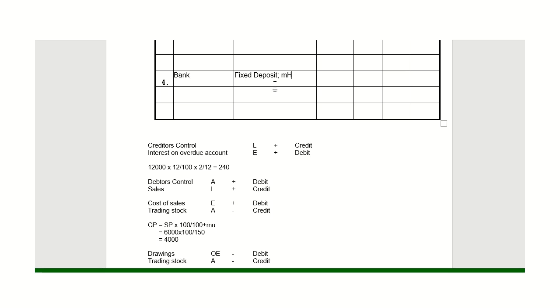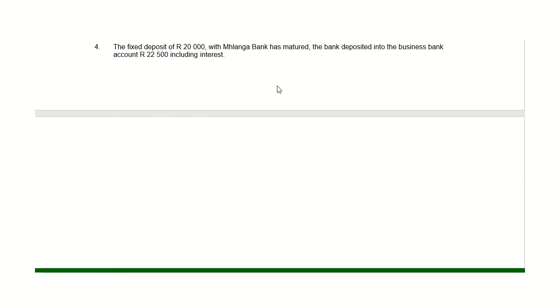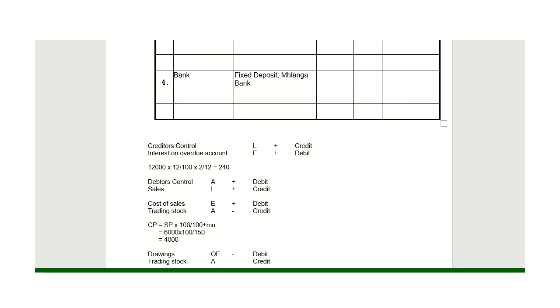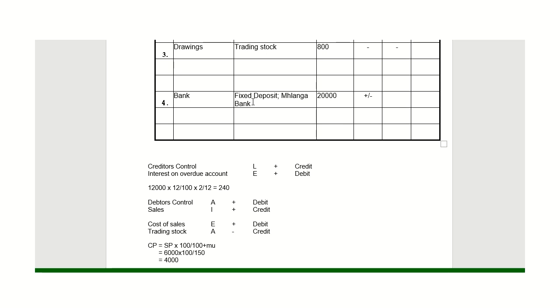And the amount of the fixed deposit itself was 20,000. Only the 20,000. The other bit that they gave back wasn't the fixed deposit, that was interest. So it's 20,000. And they were both assets. So it would be a plus and a minus under assets. Because bank is an asset and deposit is an asset. There's no owner's equity or liability, so I can't put anything in there. So both can be the same thing.